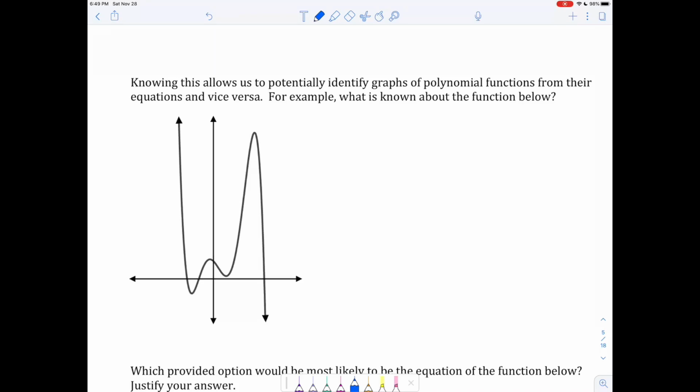So for example, we know that the left end approaches infinity. And we also know that the right end approaches negative infinity. So way up to positive infinity on the left, going to sad negative infinity on the right.